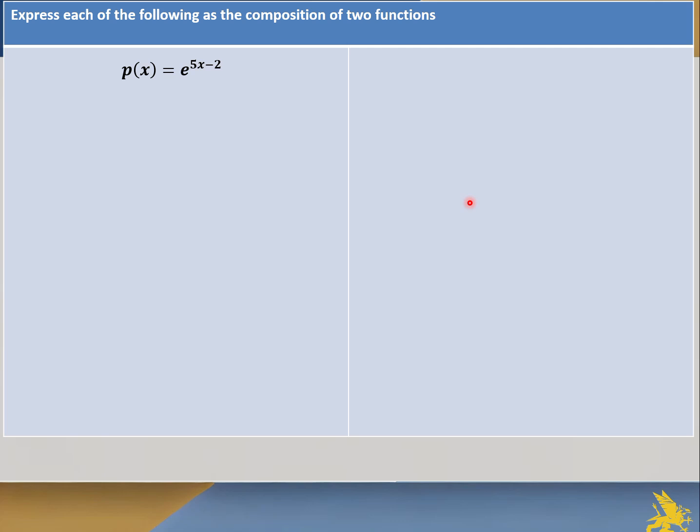So with this, we need to identify the outer function and the inner function. The outer function I can quite easily see as being e to the power of x, and then the inner function is what's happening in my power, which is 5x minus 2. So I've written them separately. I'm just going to double check what the domain needs to be.